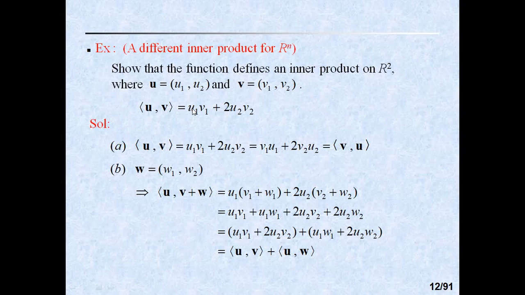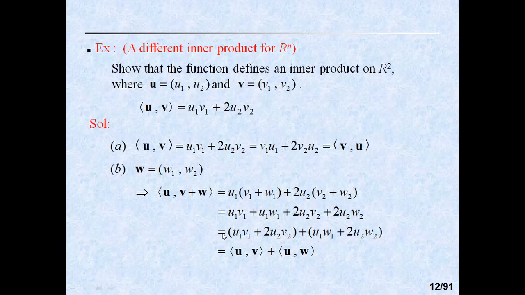By using this definition, the first component of u is u1 into the first component of v plus w, which is v1 plus w1, plus 2 u2 into v2 plus w2. Therefore, u1 v1, u1 w1, 2 u2 v2 plus 2 u2 w2.